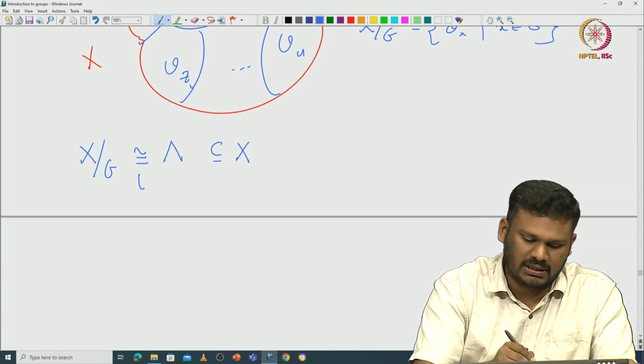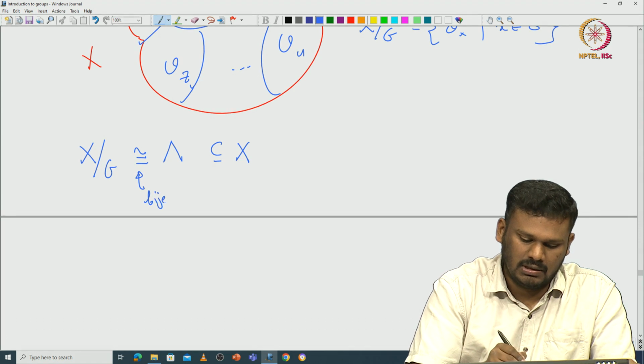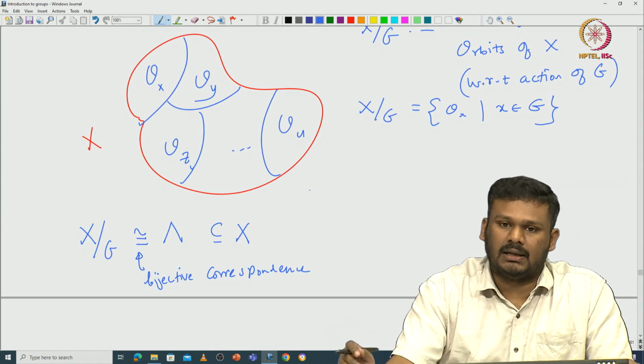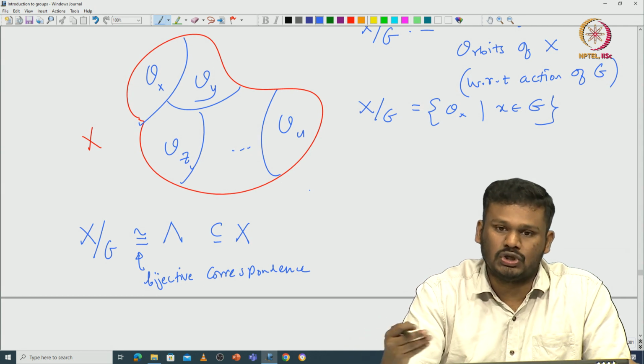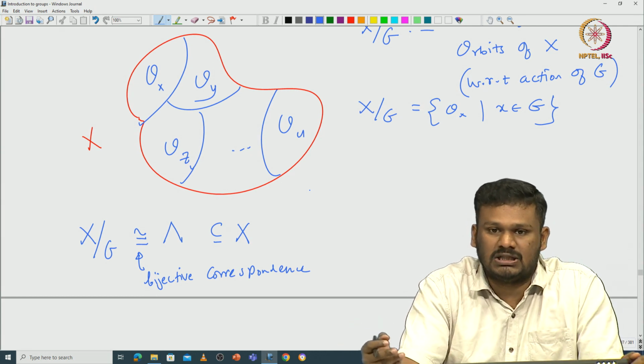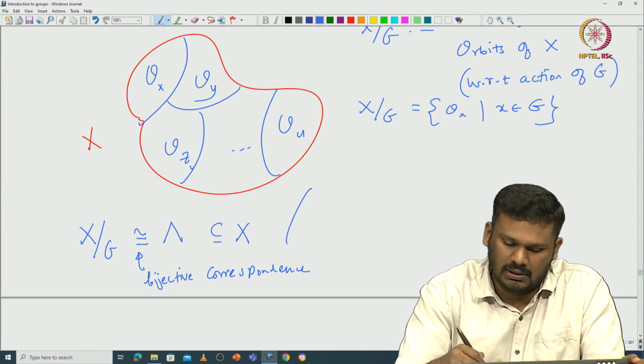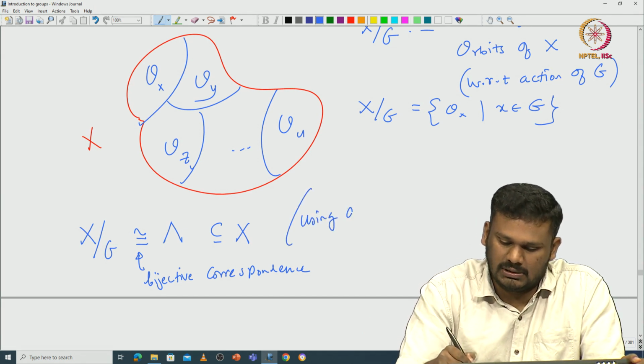This is just a bijective correspondence. What I want to do is pick one element from each orbit, using the axiom of choice. You can always do this. This is using the axiom of choice.